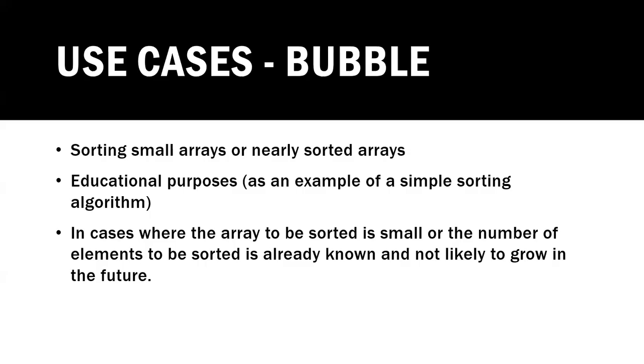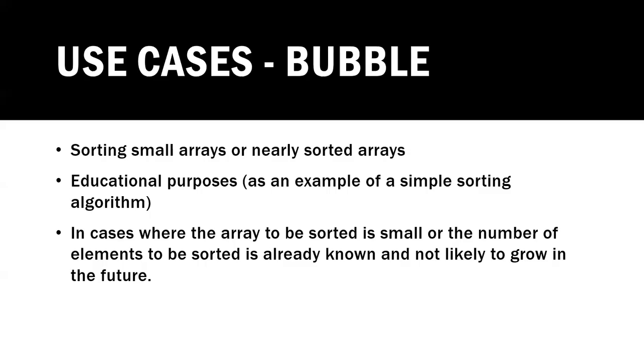Think about you're making a game and you have a high score table, right? If your high score table only has 10 possible slots, a bubble sort works really well, right? Because it takes the new score and compares it against the slots. Actually, you'd probably use an insertion sort, but whatever. It compares it against the slots, plugs it in, and that wipes out the last slot, right?